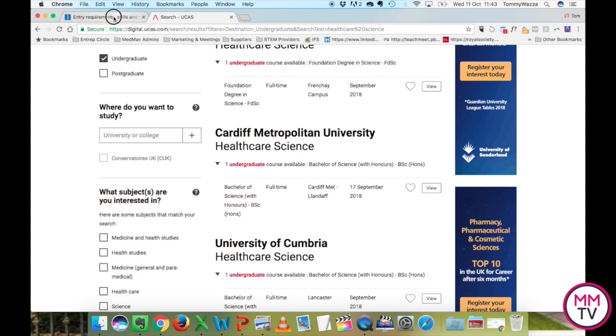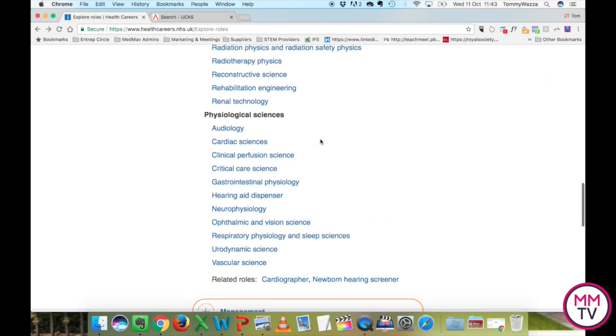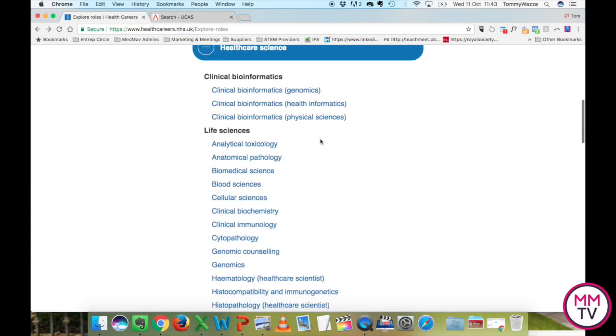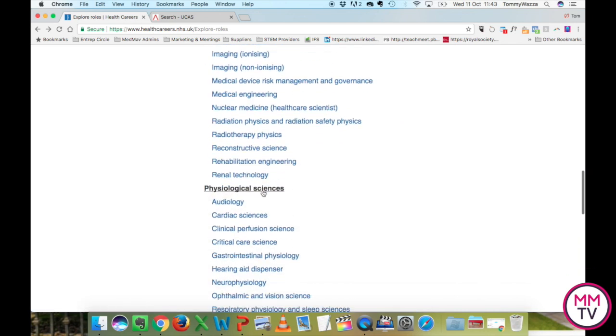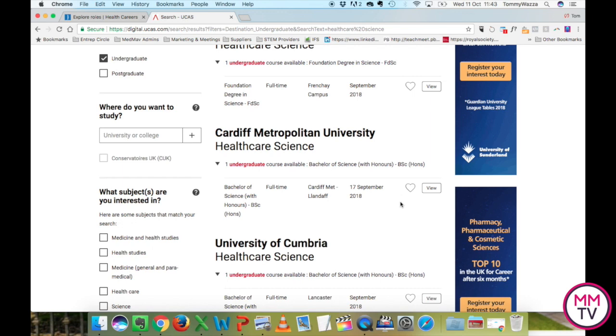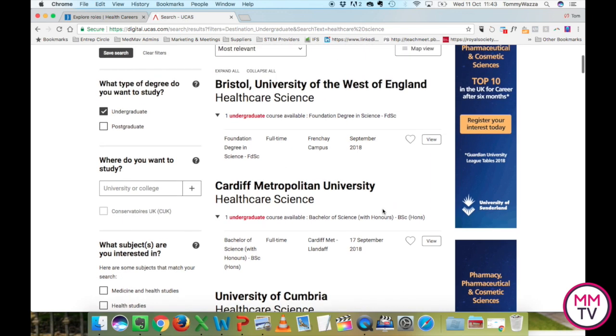Remember, if I go back a couple of pages, healthcare science has all of these different roles: bioinformatics, life sciences, physical sciences and physiological sciences. So you've got to find the right university that does this specific degree for cardiac science, and it just takes a little bit of time to go through. So let's go to the first one, University of the West of England in Bristol, healthcare science. We're going to click view.